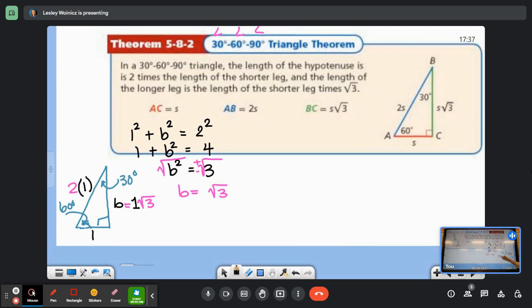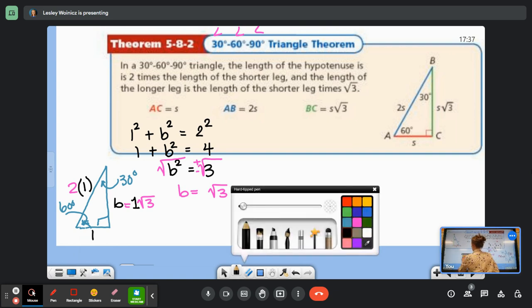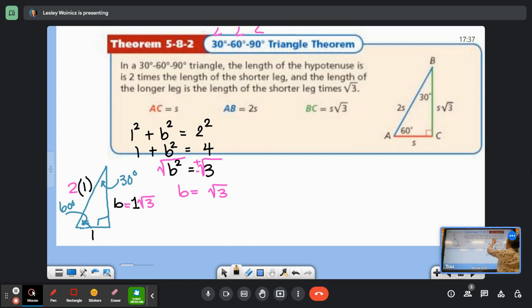They always occur in this ratio. This is my short side, the shortest. My long side is my hypotenuse, and my middle side is the short side times the square root of 3.